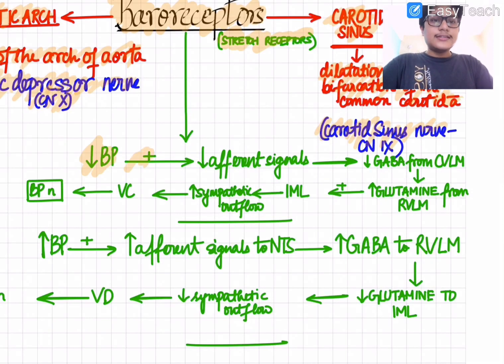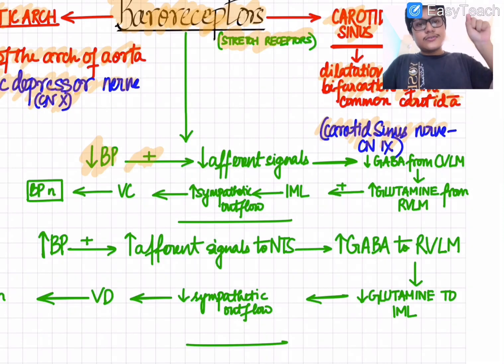Now this will affect the baroreceptors, because they were being stretched to a certain degree when the person had a normal blood pressure, and when the blood pressure fell, the stretching decreased, and so the afferent signals going from the baroreceptors to the nucleus of the tractus solitarius via the 9th or the 10th cranial nerve will decrease.